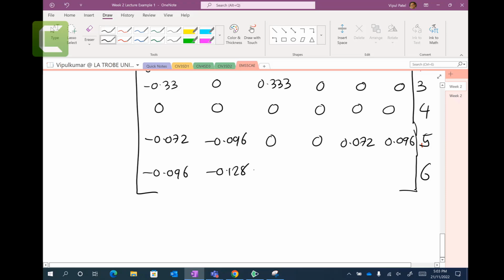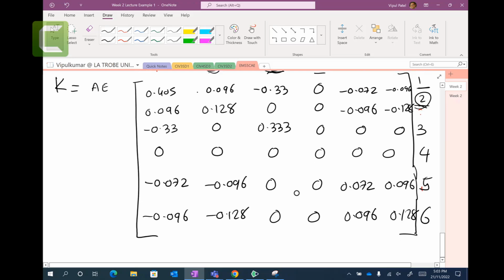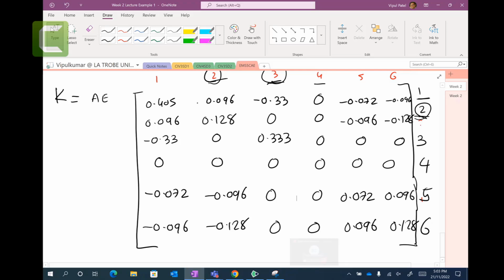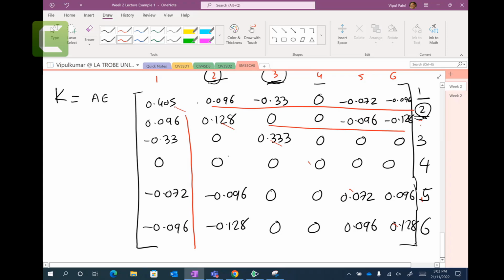Minus 0.128. 0 0. 0.096. 0.128. Check, check. All diagonals are positive. Bang, all positive. This line, same. This line, same. This, same. Perfect.